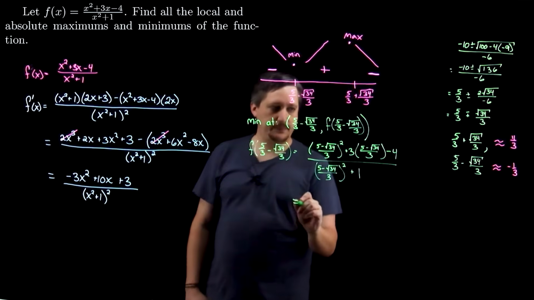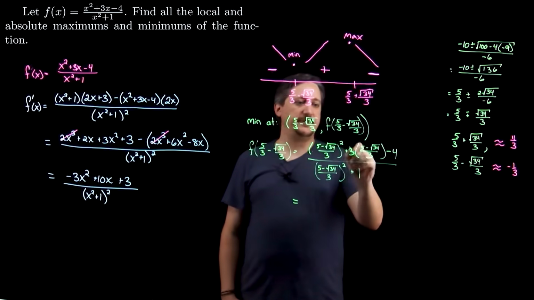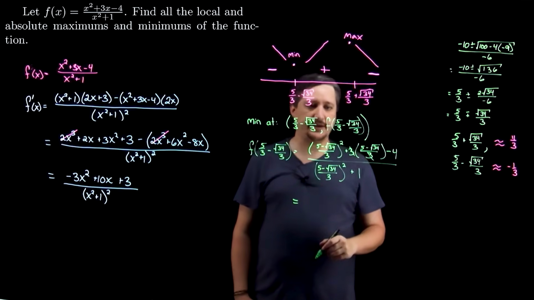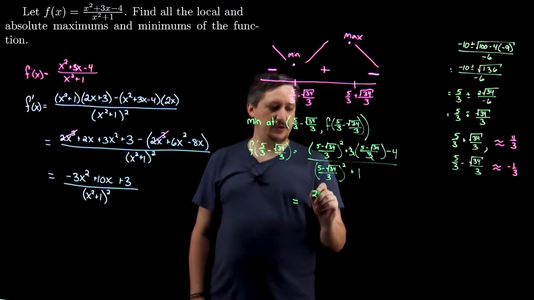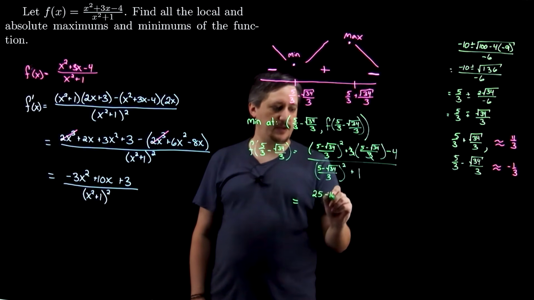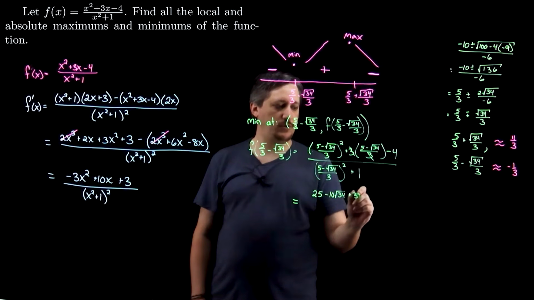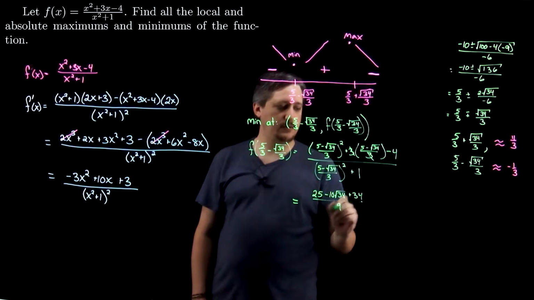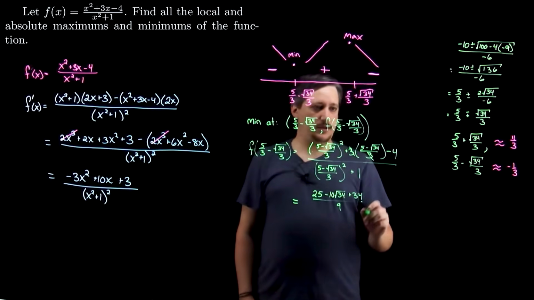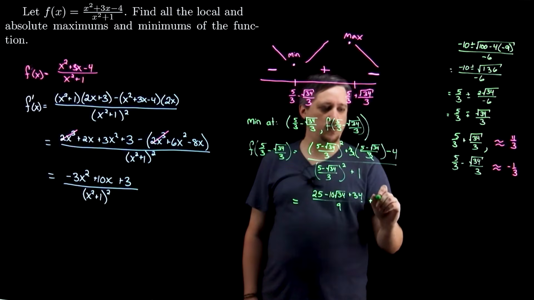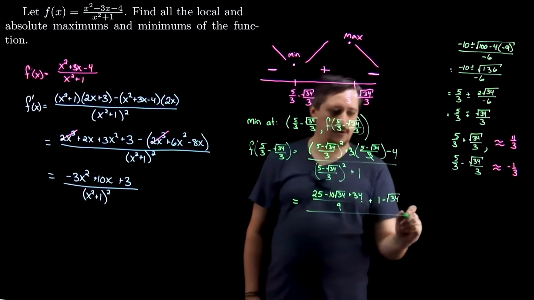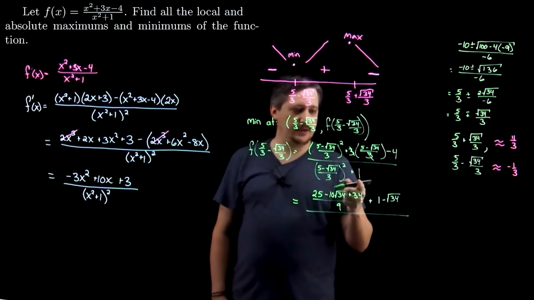Okay. So the good news is that that 3 and that 3 cancel, so I'm not going to worry about that. This I'm going to have to unfortunately FOIL out. So that's going to get me, let's see, 25 minus 10 root 34 plus 34 all over 9, plus, and then I'm going to get 5 minus 4, so that's going to be 1 minus square root of 34 over, and now this is the same as that, plus 1.